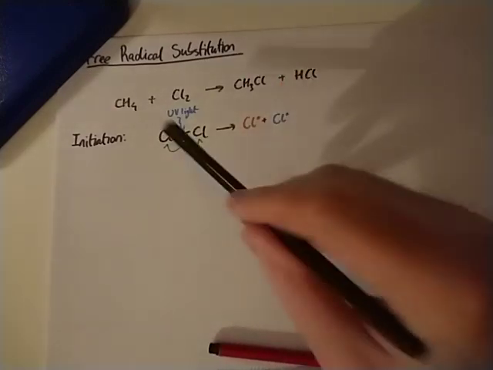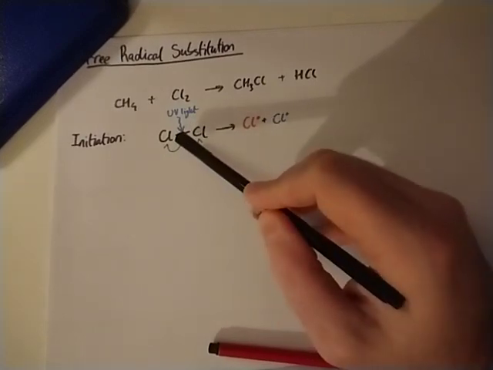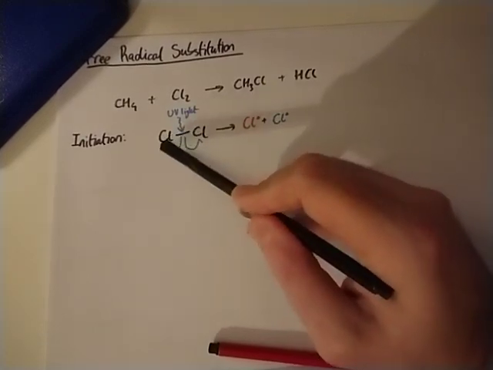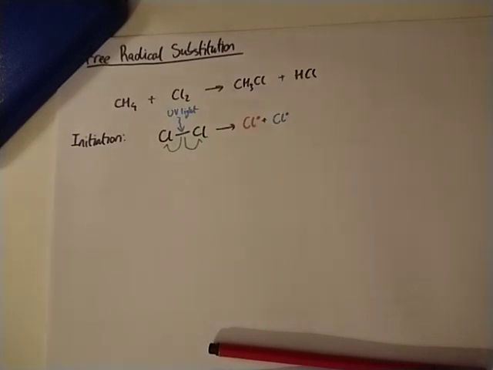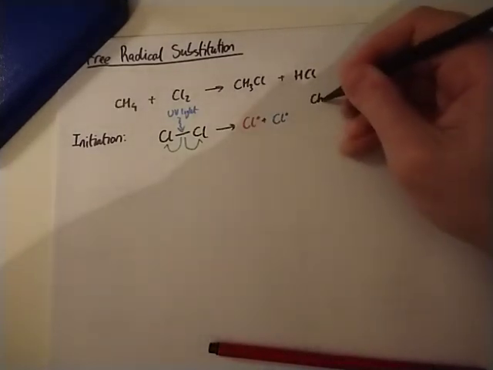When you think about it, that chlorine had 6 electrons around it and then 2 in the covalent bond. One of the electrons has gone back to the initial chlorine, so now it's got 7 electrons. Electrons always come in pairs, so if you've got an odd number, it must be unpaired. So what we've got there are chlorine radicals.